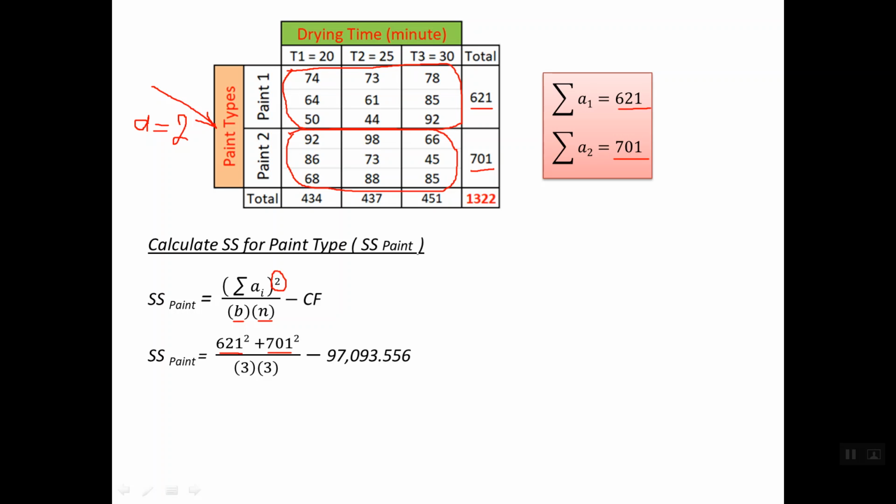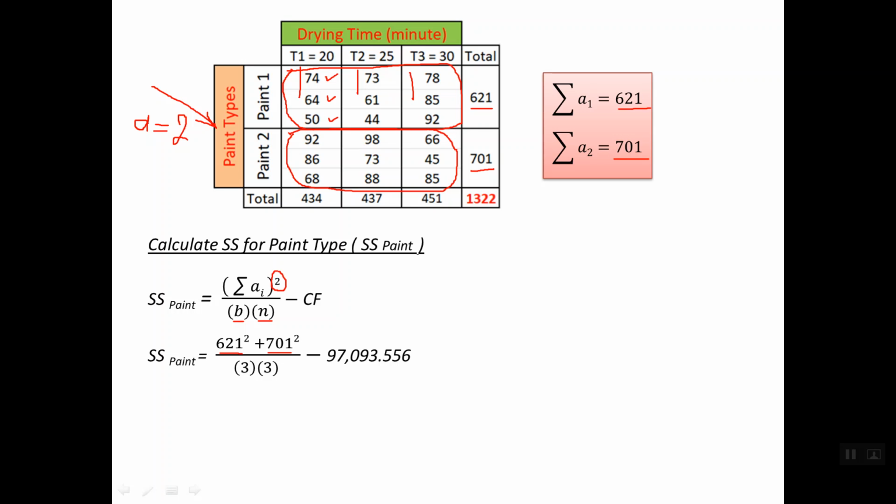You can understand where the 9 comes from. If we take paint 1, we count 1, 2, 3, which is N, and we have 3 and 3 and 3, which are the levels of the second factor.